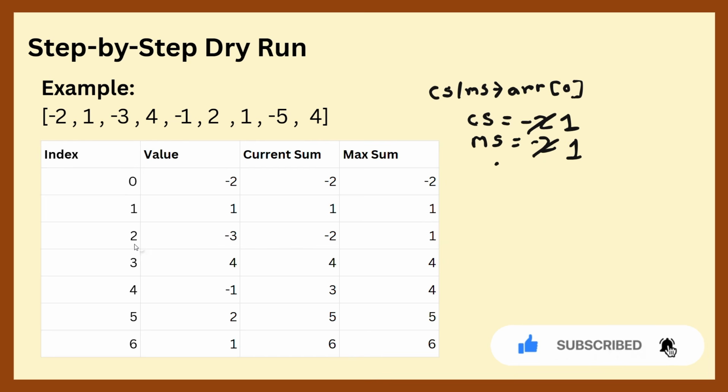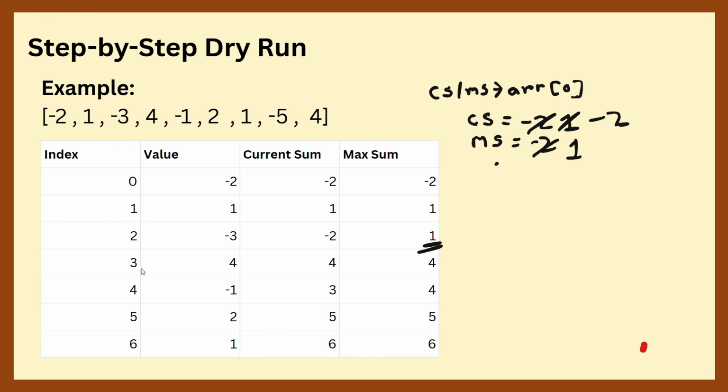For index 2, the value is minus 3, so current sum is 1 plus minus 3, which is minus 2, and the maximum sum is 1, which is greater than minus 2, so maximum sum is not going to be updated.